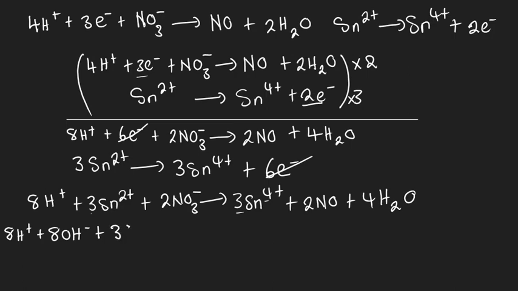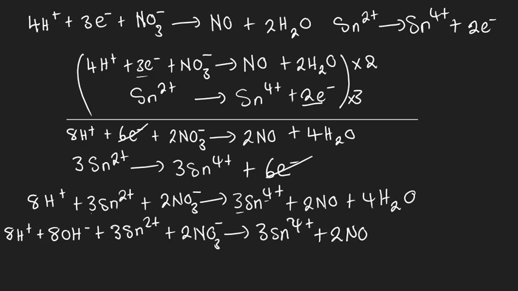And of course, we're going to have our 3 selenium 2+ and 2 nitrate, giving us 3 selenium 4+ and 2 nitrate. Remember that we added 8 hydroxy on the other side, so we also do the same on the other side.